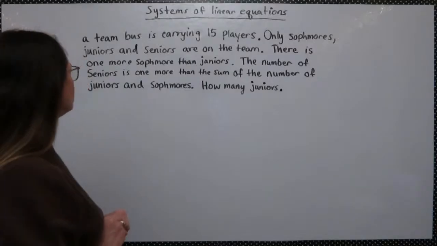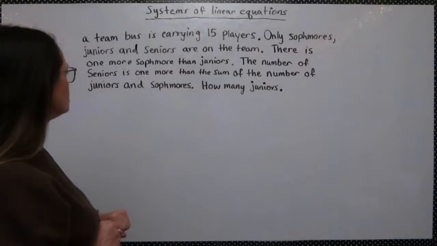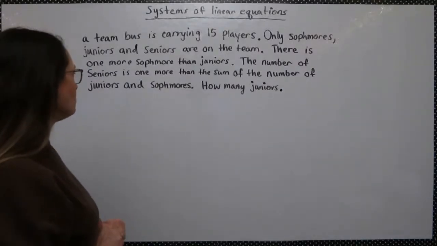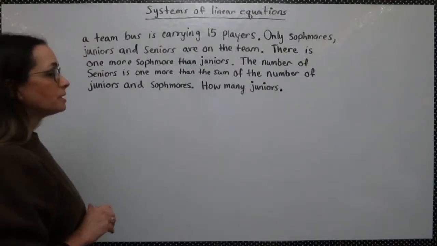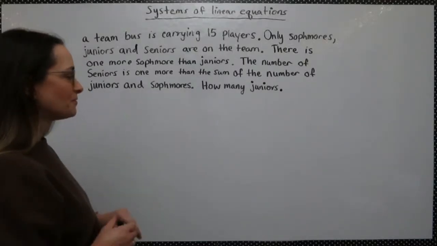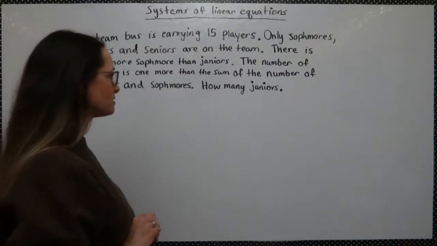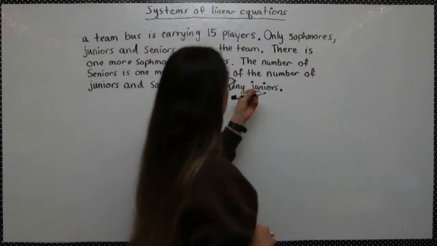The number of seniors is one more than the sum of the number of juniors and sophomores. Wow, it's not a complete sentence, but I'm pretty sure I wrote it down verbatim, and I tried to have the problem organized before I clicked live stream. So it says, how many juniors?